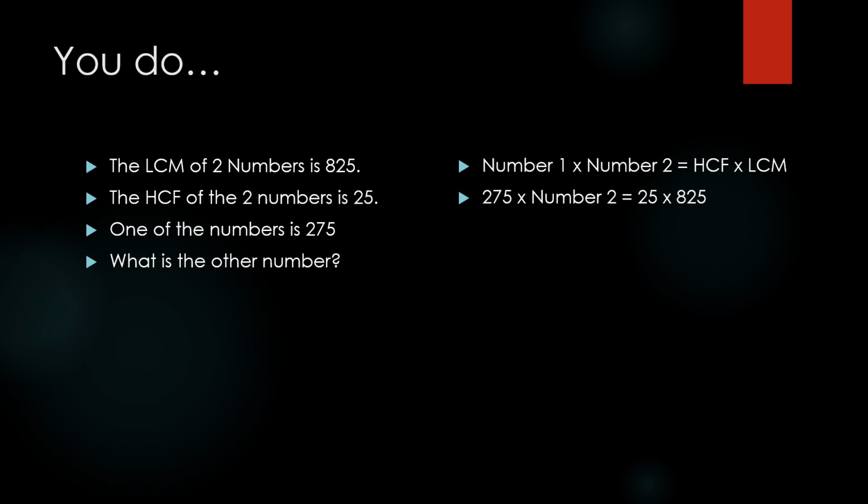So how do we find number 2? 275 times number 2 is 25 times 825. 25 times 825 is 20,625. So what is number 2? We divide 20,625 by 275 and we get 75. So number 2 is 75.